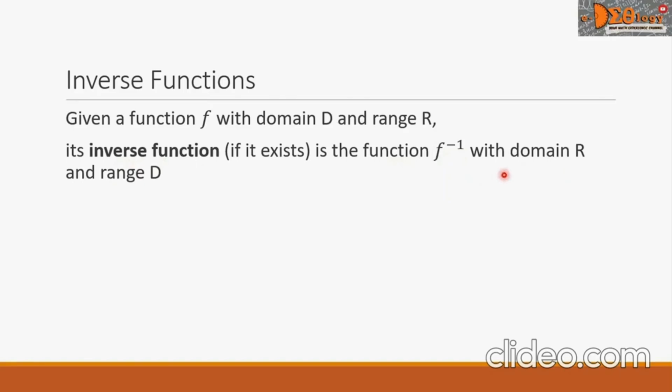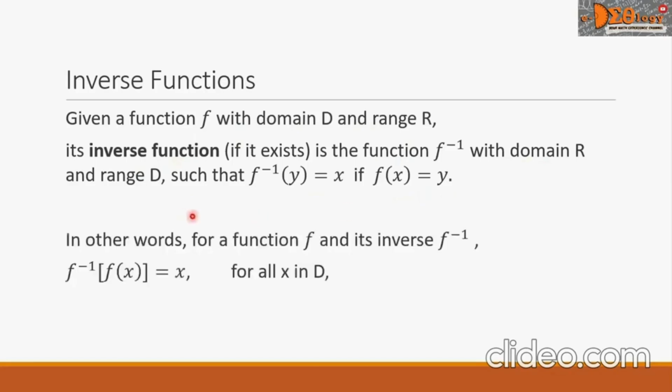Another point here is that the domain D of the given function f becomes the range of the inverse function. Likewise, the range of the given function is the domain of the inverse function, such that f inverse of y equals x if f of x equals y.